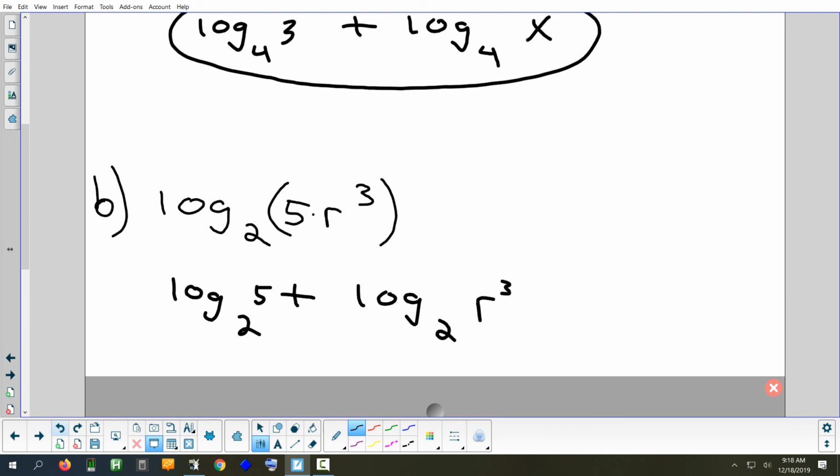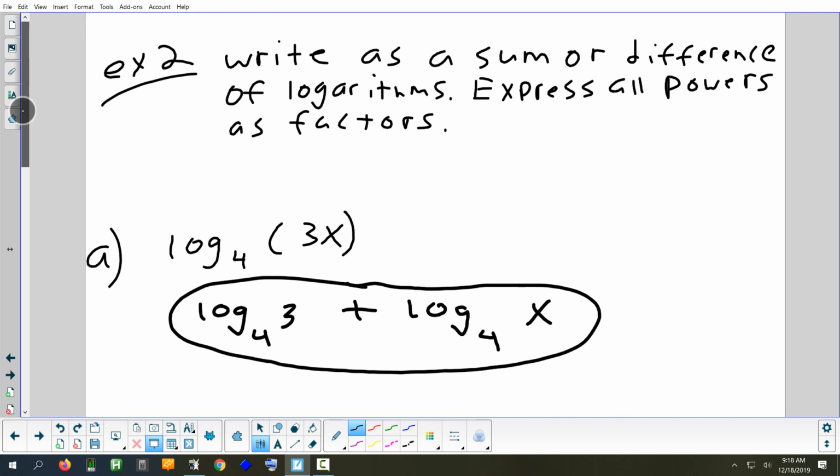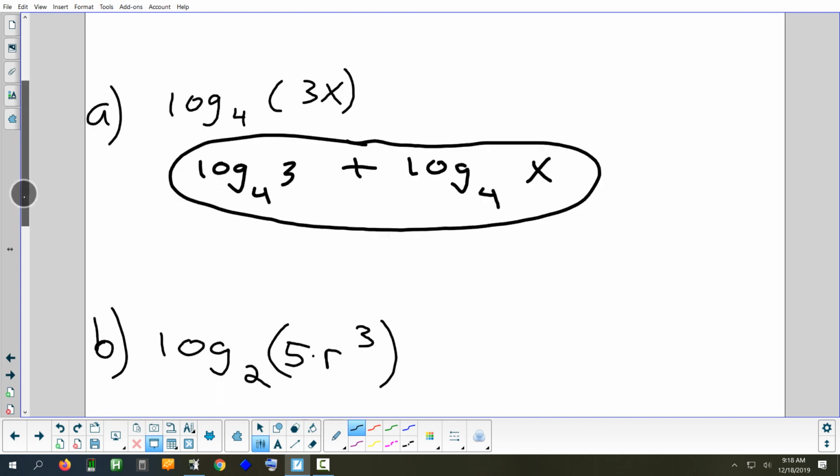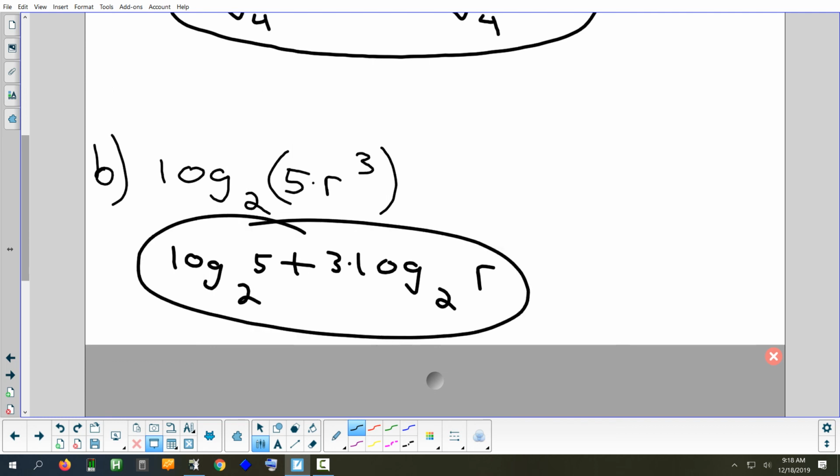But because of the directions, Sebastian, what do we have to do with that 3? Don't we have to put it in front of the log? We have to put it in front. If you left it as r cubed, that's not doing what the directions said. It said we'll put the powers in front. Factor means make it multiplication. And now it is. Okay. Any question on that?